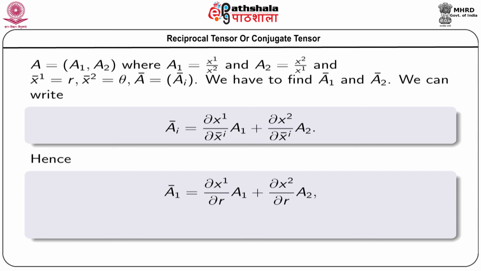Thus, a-bar1 can be written as (del x1/del r) a1 plus (del x2/del r) a2, and that is cos theta into cot theta plus sin theta into tan theta. By the derivative of x1 and x2 with respect to r, we got a-bar1.